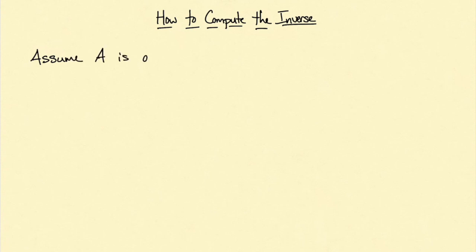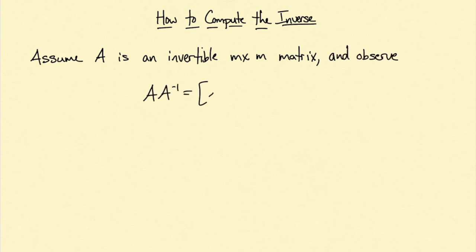Let's assume that our matrix A is an invertible m by m matrix, and let's simply observe that A times A inverse is the identity matrix, which has columns e1 down to em.